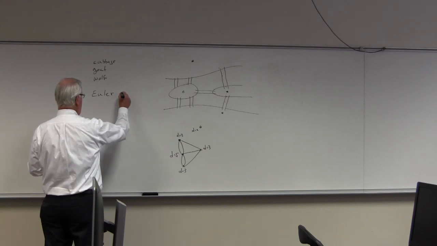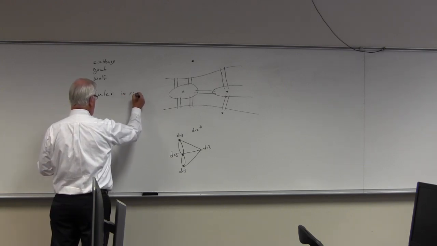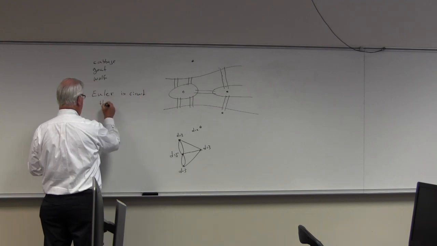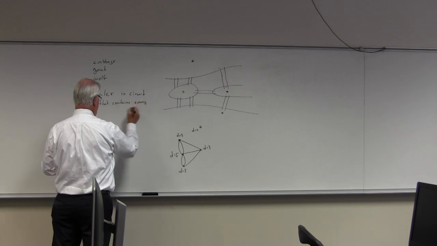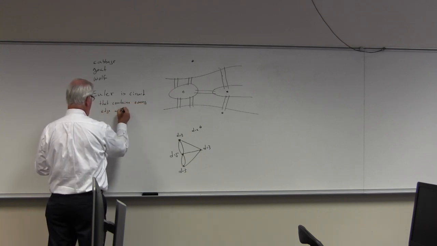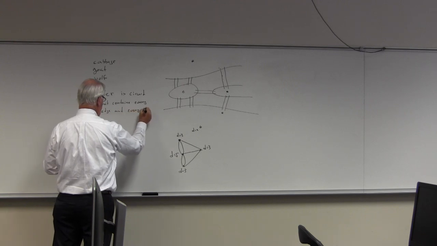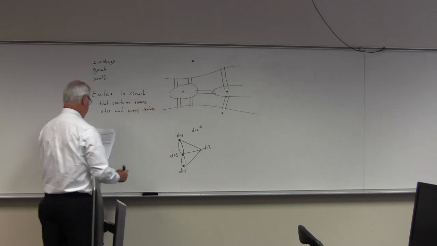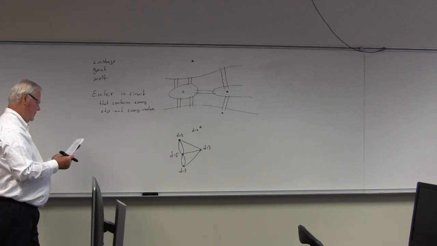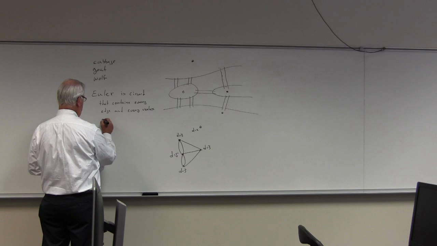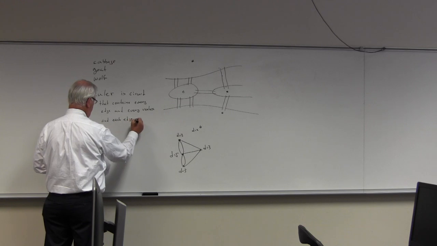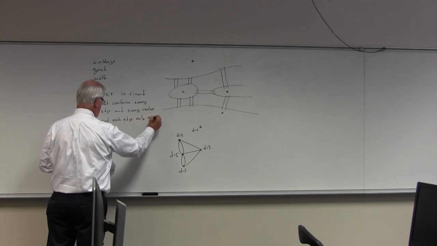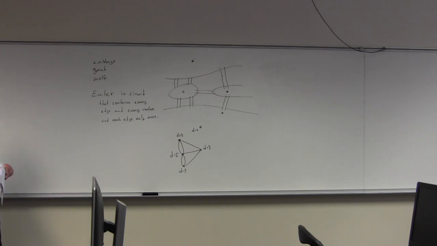So a Euler circuit is a circuit that contains every edge and every vertex and each edge only once. Okay, so that was the problem. The Euler circuit would be one where it would work.